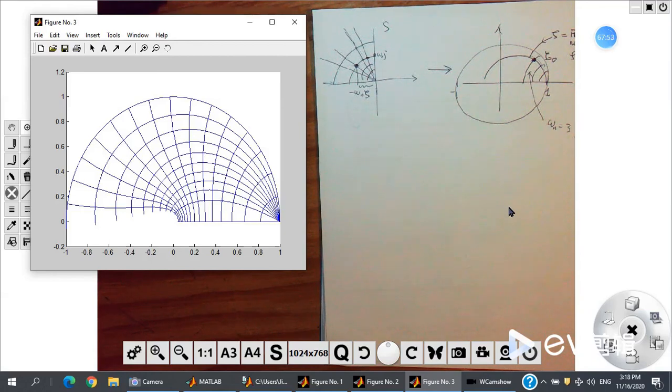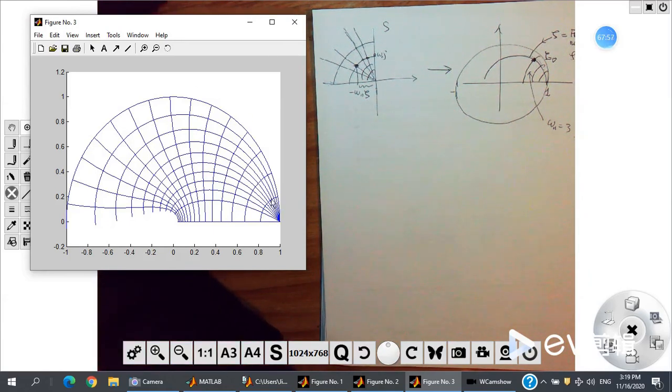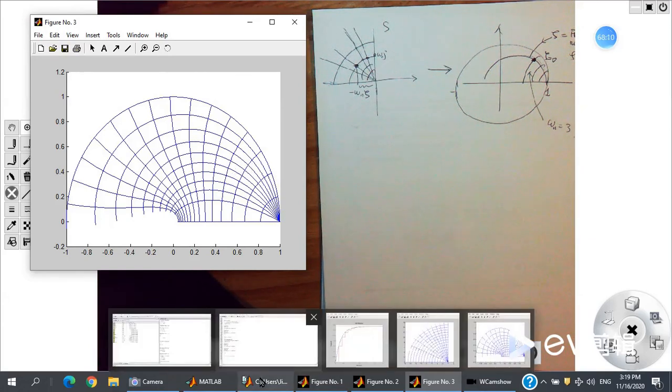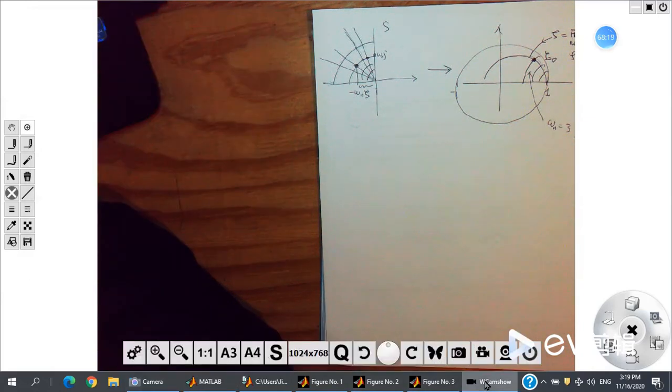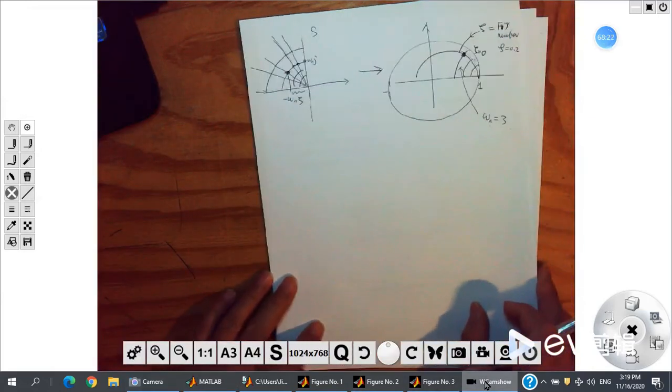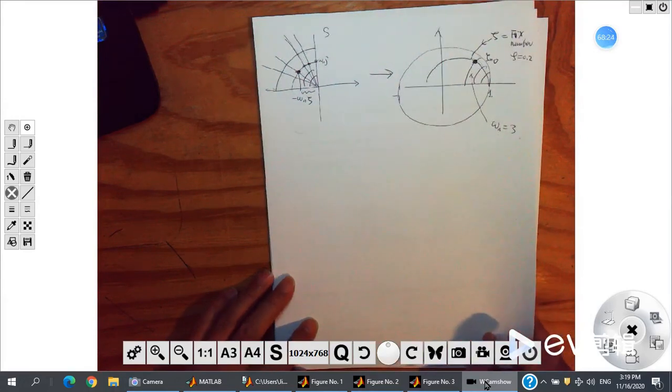We can get it. But in the early days, when you designed something, you needed this graph. Every time you calculated the exact value, that cost a lot of time. You could just pick a point from the graph. Okay, so this is a relation between Z and S when you want to design discrete time systems.